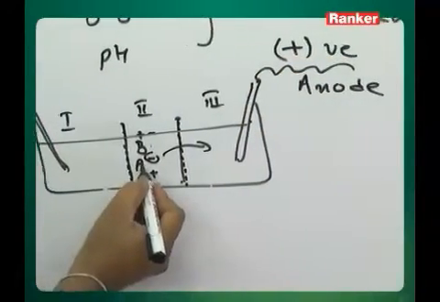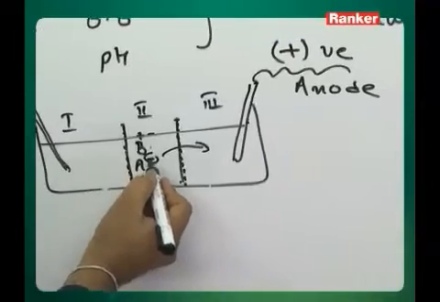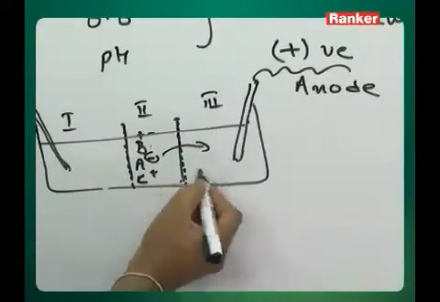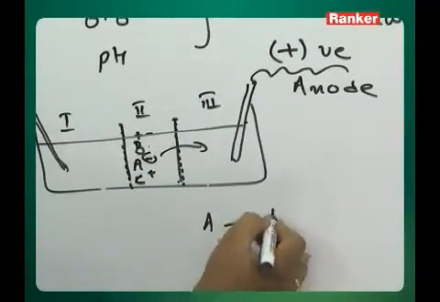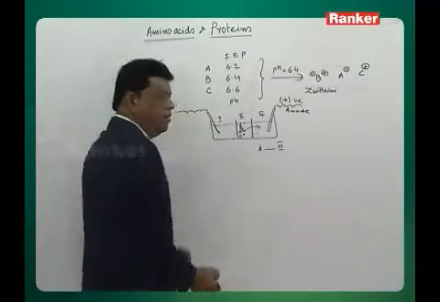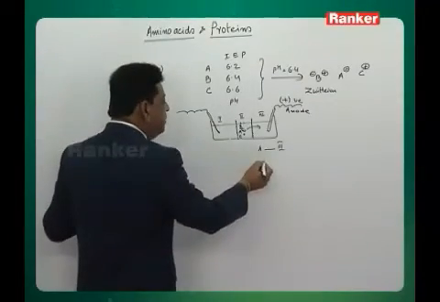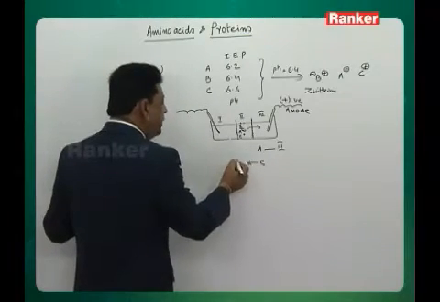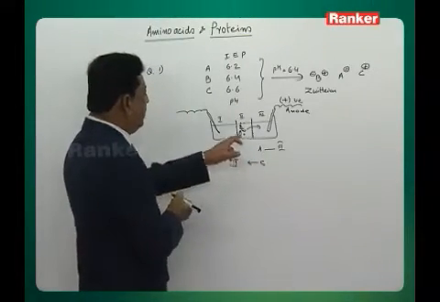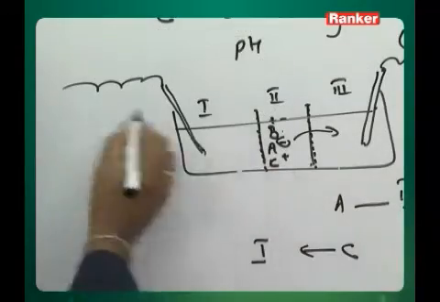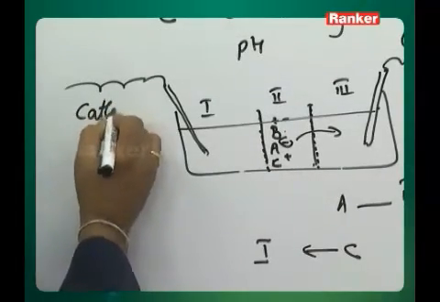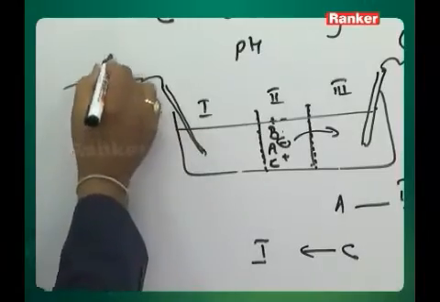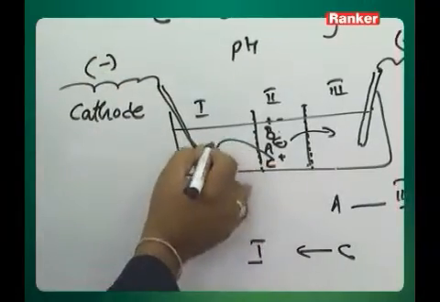So A is a -1 anion, goes to the anode, that means A migrates to compartment 3, whereas C is acting as a cation, so goes to compartment 1. It is migrated because C is a cation, this is the cathode. The cathode will have a minus charge, so cations will go to this one.